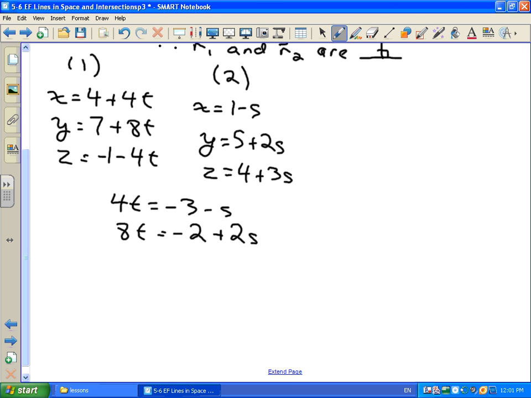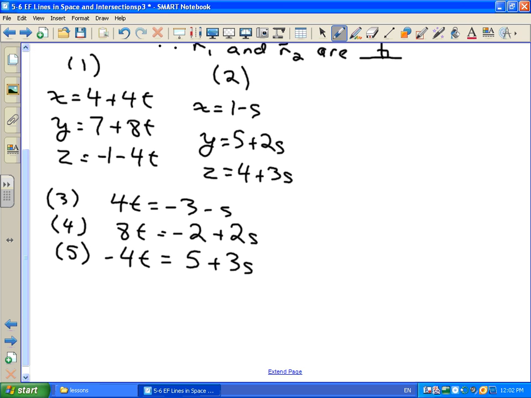And in our last one, we're going to have -4t = 5 + 3s. Let's number these. Our original two equations were 1 and 2, so we'll call these 3, 4, and 5.